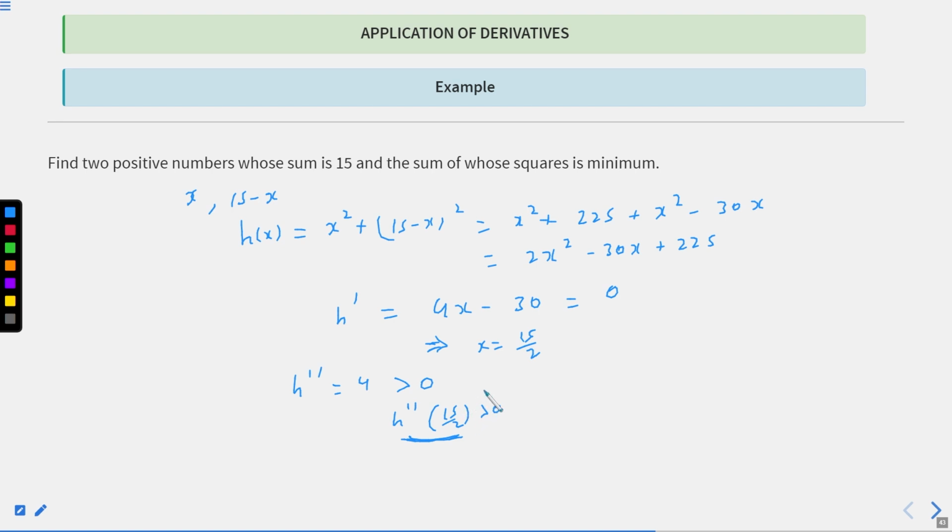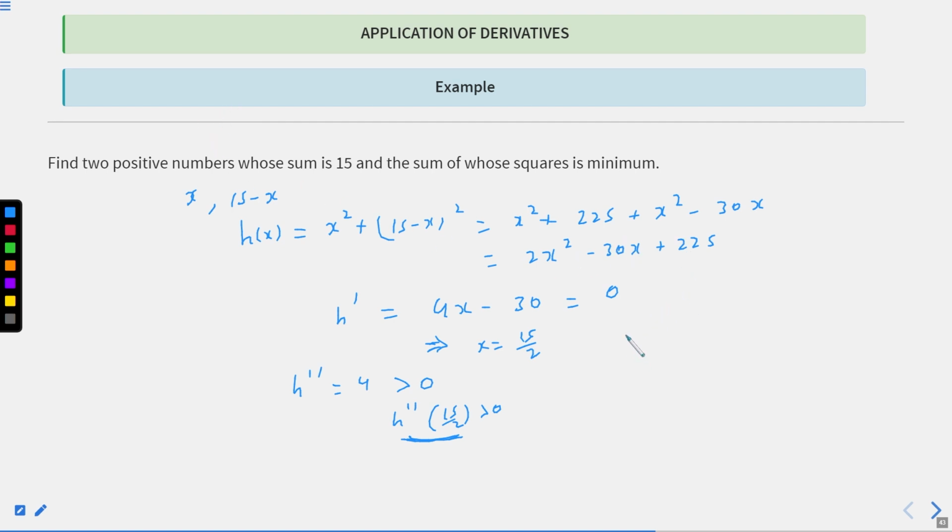I hope it is clear to you. So x is 15 by 2 where you will get your minimum value, and the other number, as you can see, is also 15 by 2. Clear?